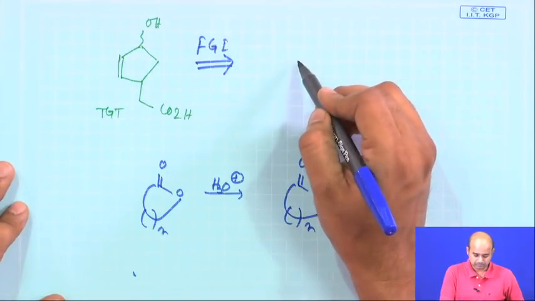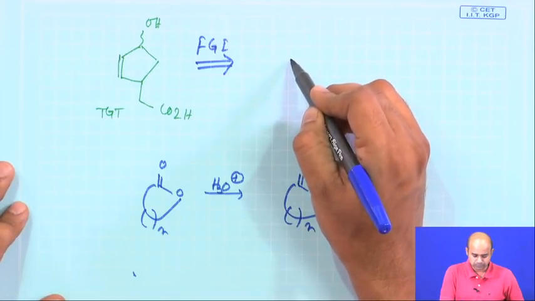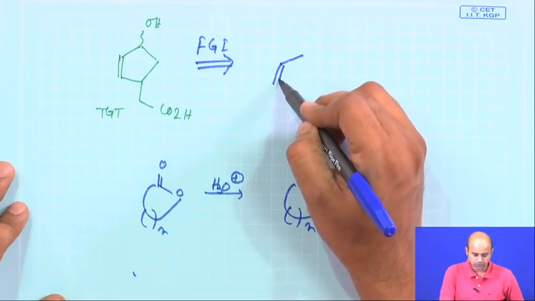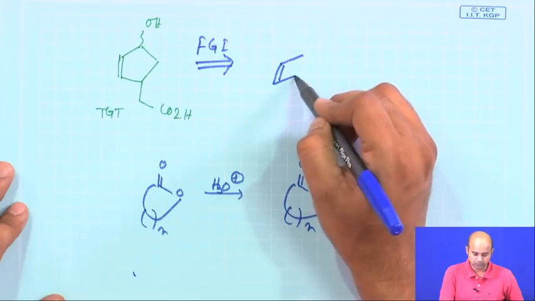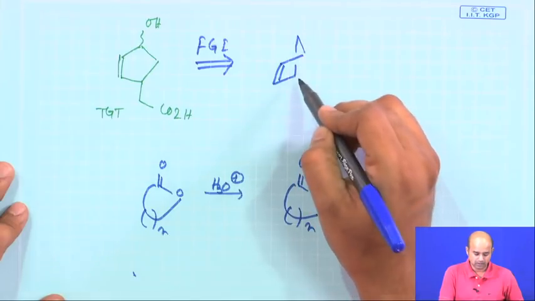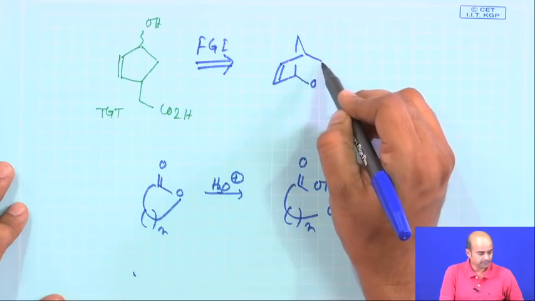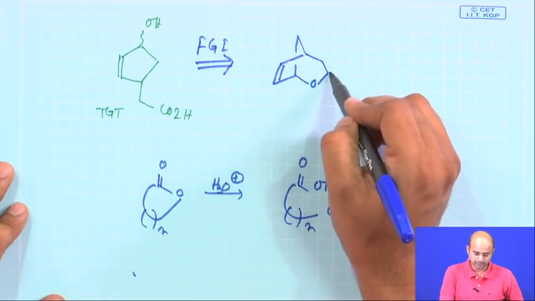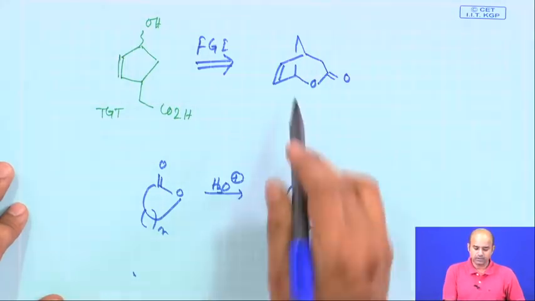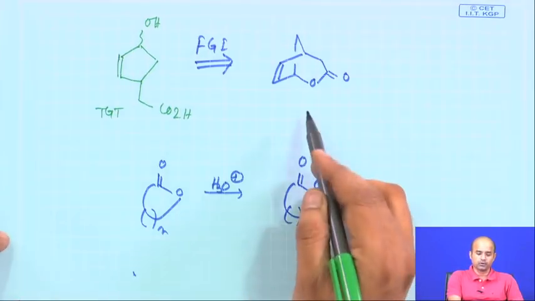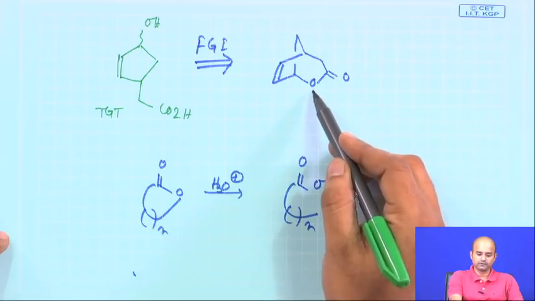So, then you try to draw the lactone which will give you this hydroxy acid, and I figured it out. This could be the starting material which after hydrolysis will give these things.